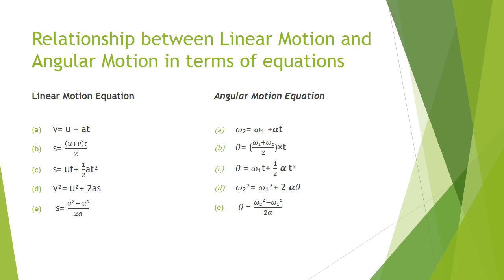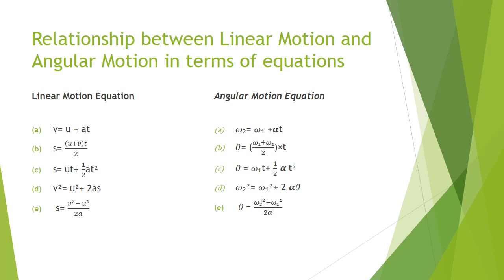There we have angle turned through, which is theta, is equal to initial omega plus final omega, which means initial angular velocity plus final angular velocity divided by 2 times t.